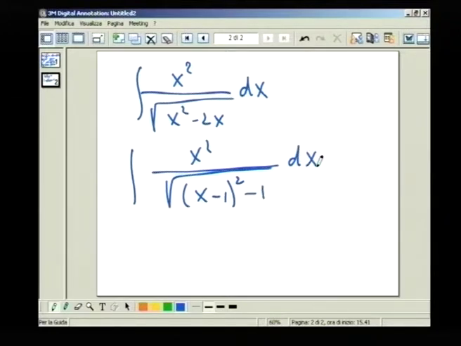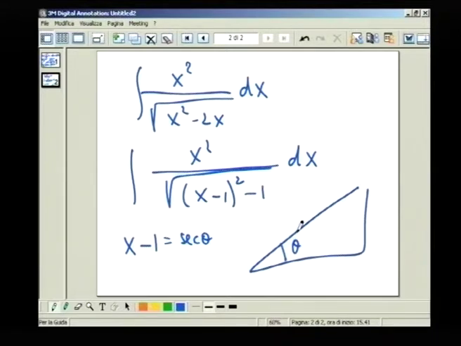Then you search for the substitution. You would say, for example, I will take x minus 1 equal to secant theta. Once you do this, directly you think of the triangle. You say this is x minus 1 and this is 1. And directly here becomes the square root of x squared minus 2x. Now, your integral becomes what?